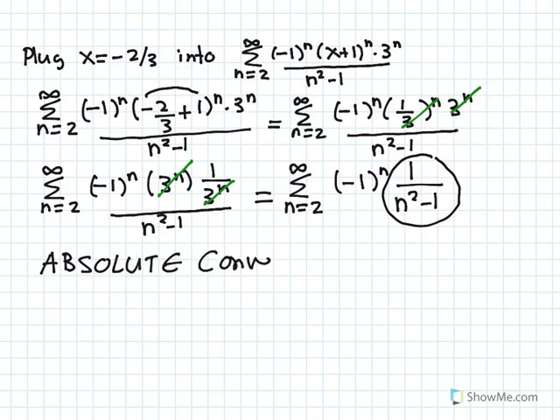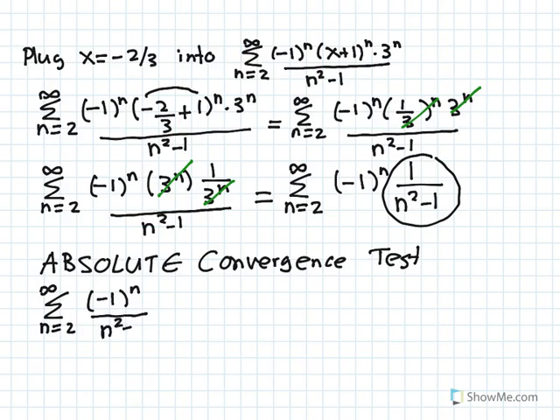The absolute convergence test looks at the absolute value of every term. So we get summation n equals 2 to infinity of negative 1 to the power of n divided by n squared minus 1. We take the absolute value of every term and add up all the terms. So we get summation n equals 2 to infinity of 1 over n squared minus 1.